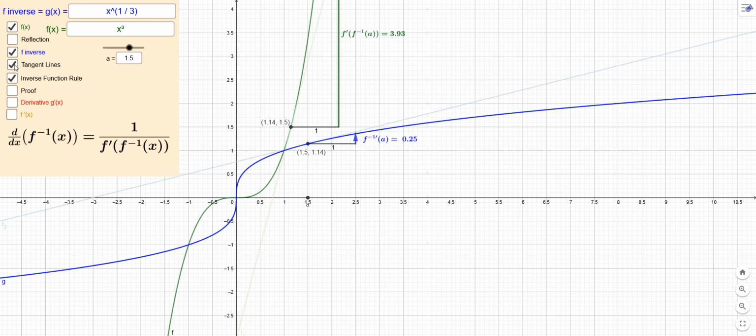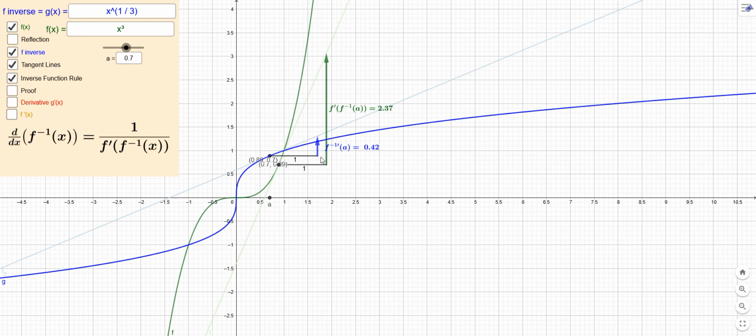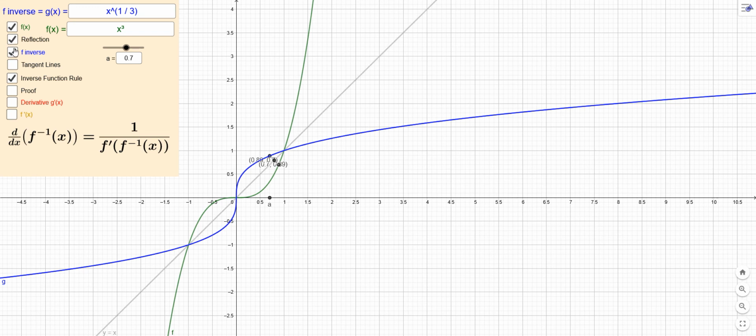When we look at the tangent lines, once again we have that same relationship that we reflect. Well, first of all, before we look at that, look at the reflection again. There's the reflection over the line y equals x. You can see that. And if we look at the tangent lines, again, we see that they're reflections. And we can see that these are reciprocals of each other, at least approximately. That's approximately a fourth.